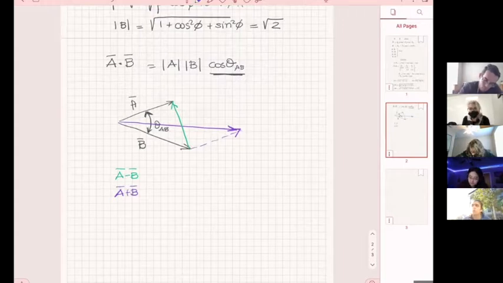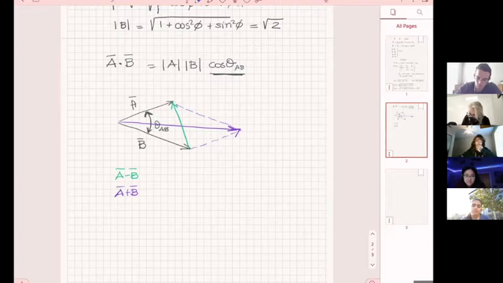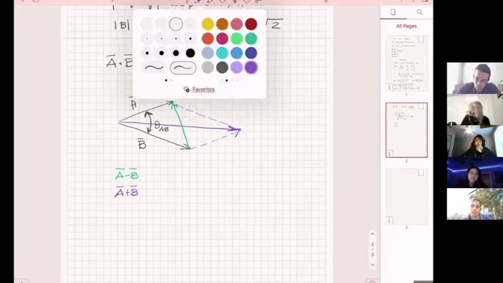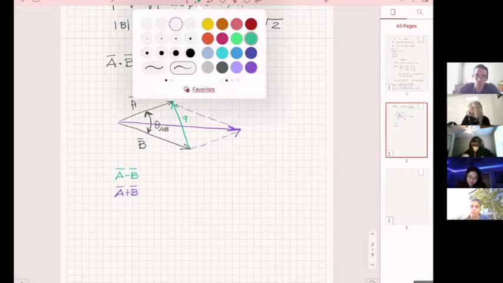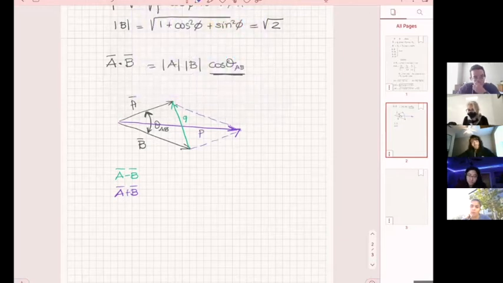What do these two remind you? Who's gonna tell me? Parallelogram? Yes. So if I call the green Q, which is A minus B, and if I call the purple P, what do we know about this parallelogram?